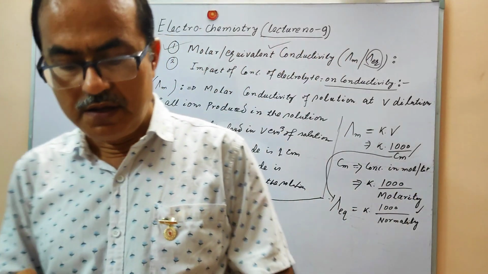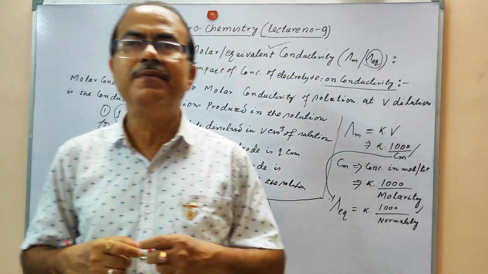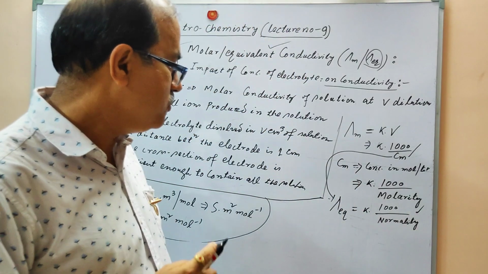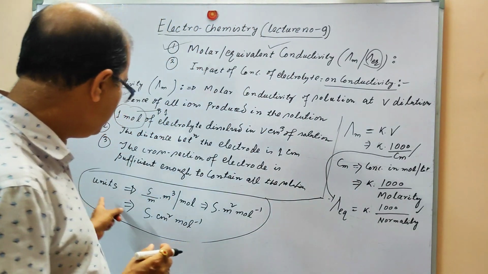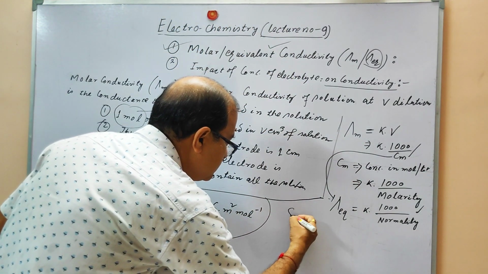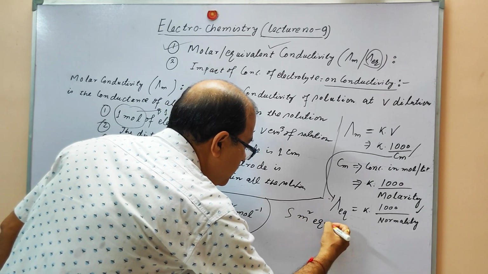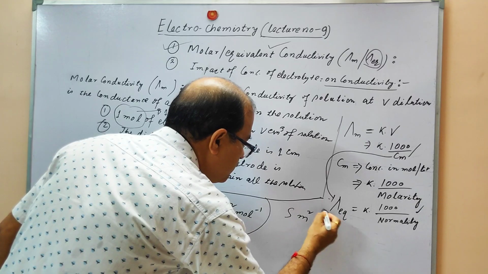So we understand now what is molar conductivity and what is equivalent conductivity. The unit of this equivalent conductivity will be Siemens meter square per equivalent inverse.